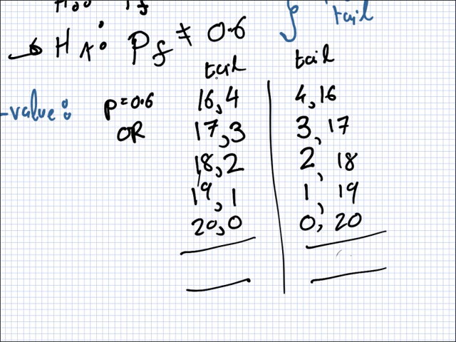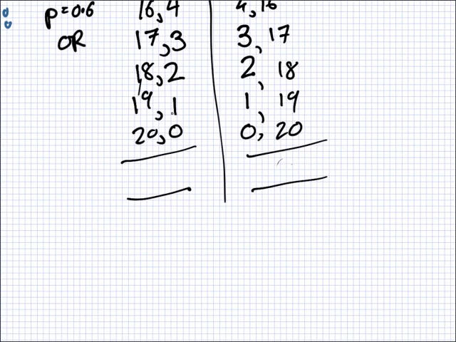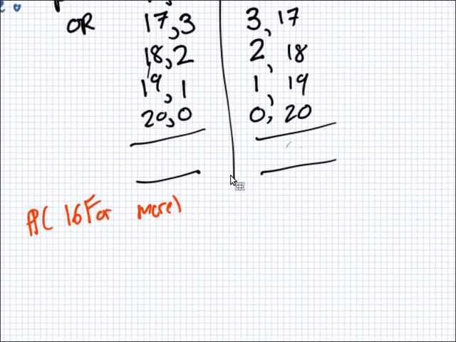Let's calculate. So, let's do the one on the left. This is the probability of 16 females or more. But of course, our table book can't deal with more, so we have to do with less.